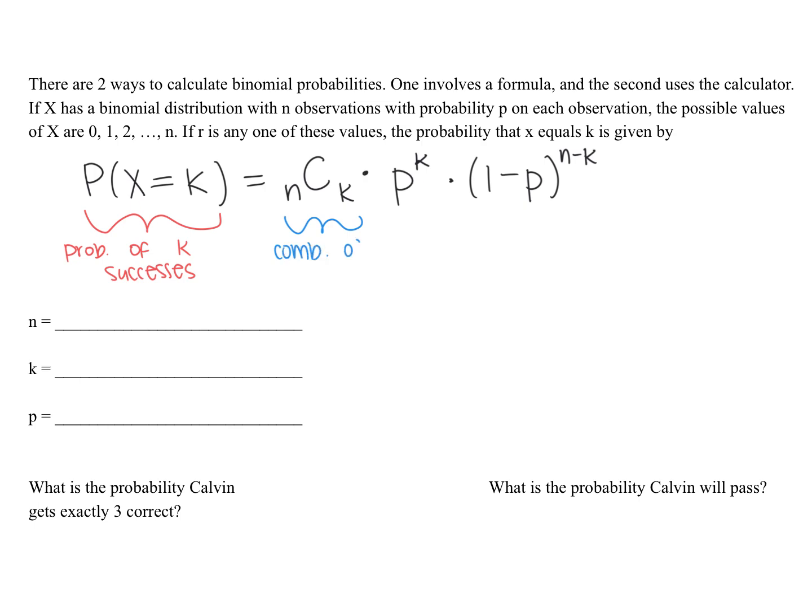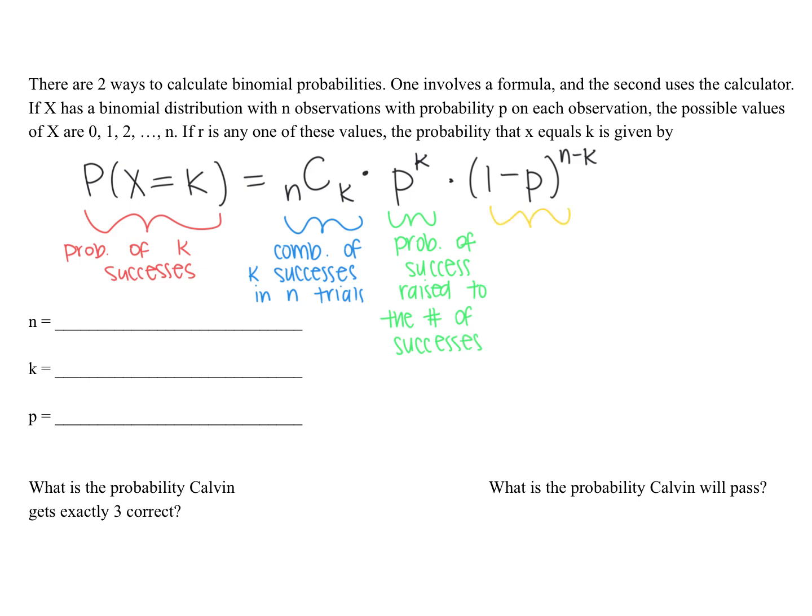So it's the combination of K successes in N trials. P to the K is then your probability of success raised to the number of successes.